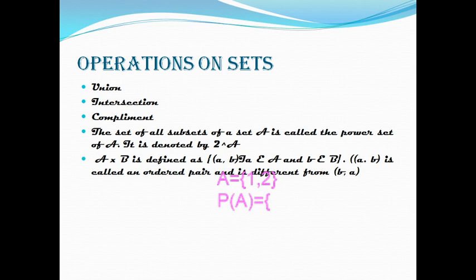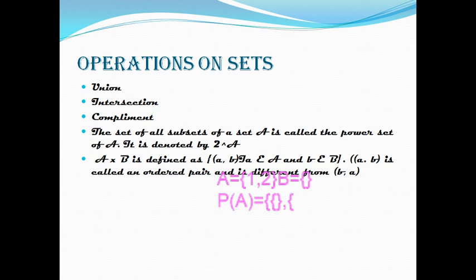So the null set is a subset, because the null set is also an element of the power set of A. For example, the null set is a subset of every set.